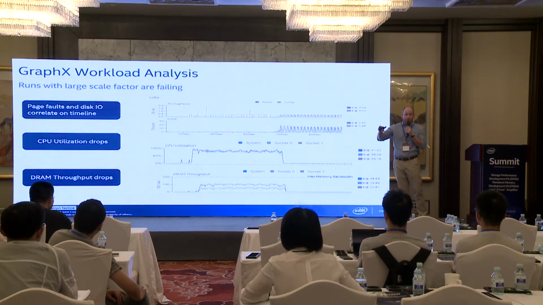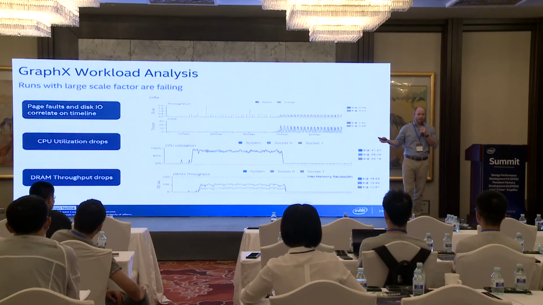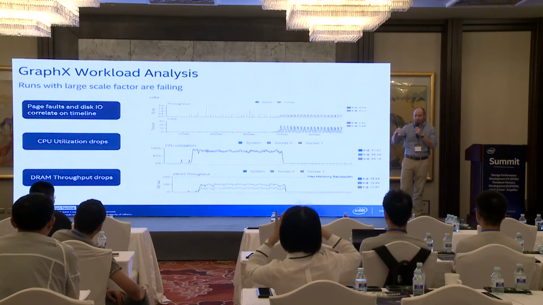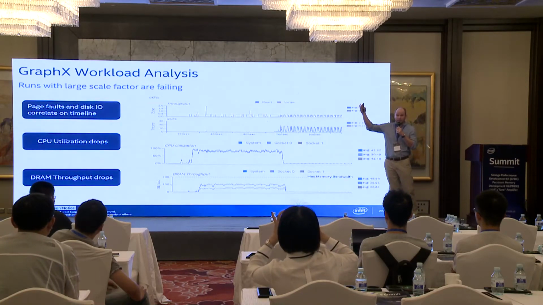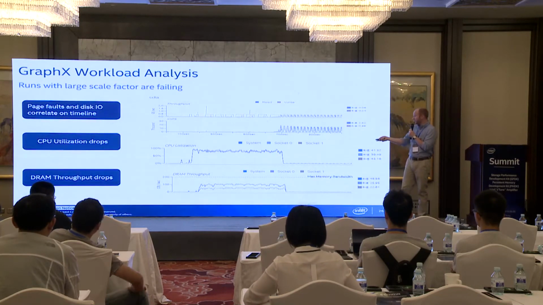If your CPU utilization never drops, then there's no performance tuning that can make it go higher, right? You can't bump your CPU utilization up to 110%, it's already at 100. But when you see CPU utilization drop like this, it means something's going on that's causing the workload to stall.